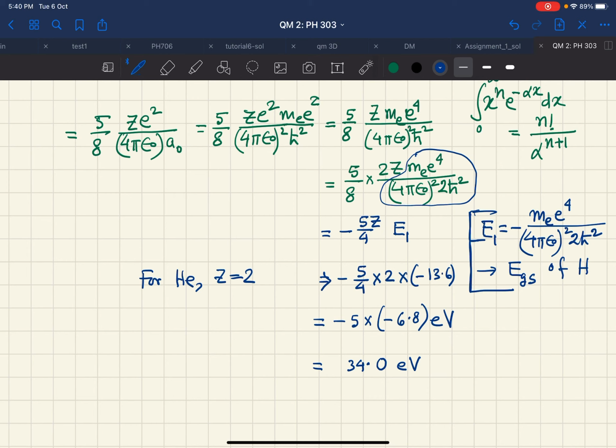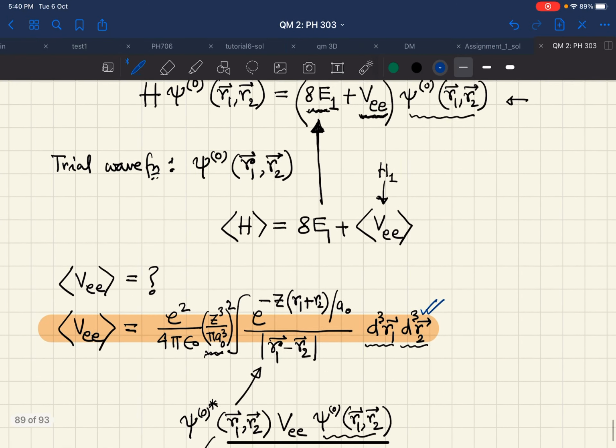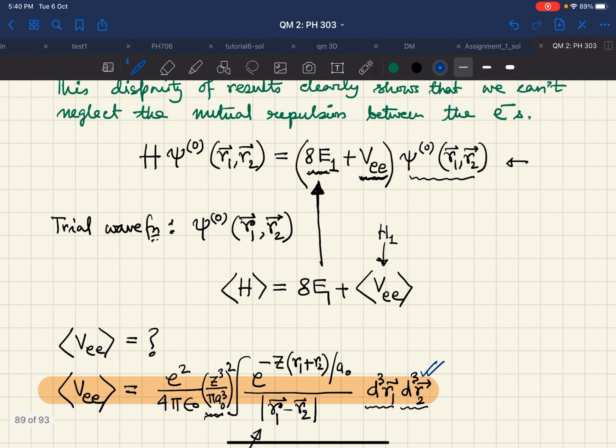So what will be my expectation value of H therefore? Expectation value of H, let us go back to this equation. This is my expectation value of H, 8 times U1 plus expectation value of VEE.